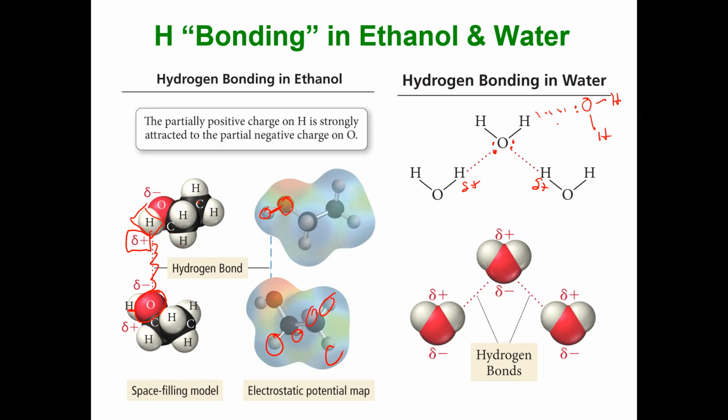So there would be another hydrogen bond. And then this could be next to another water molecule, oxygen right there. So each water molecule can exhibit 1, 2, 3, 4 hydrogen bonds. That's a lot of hydrogen bonding. So that results in really strong intermolecular forces.